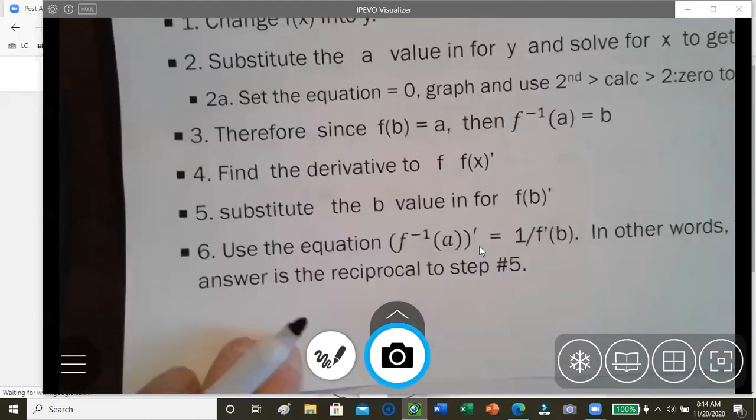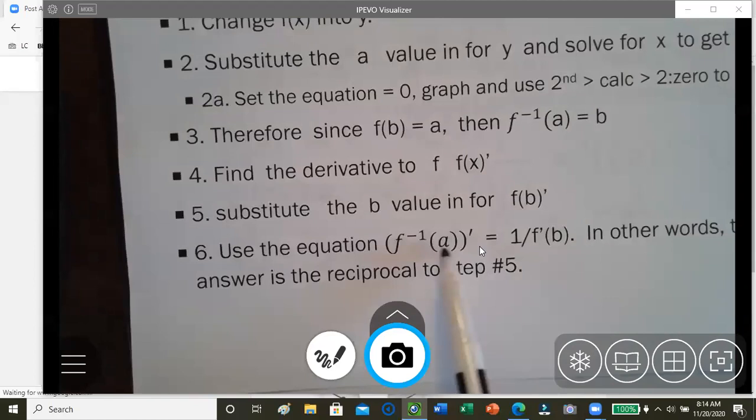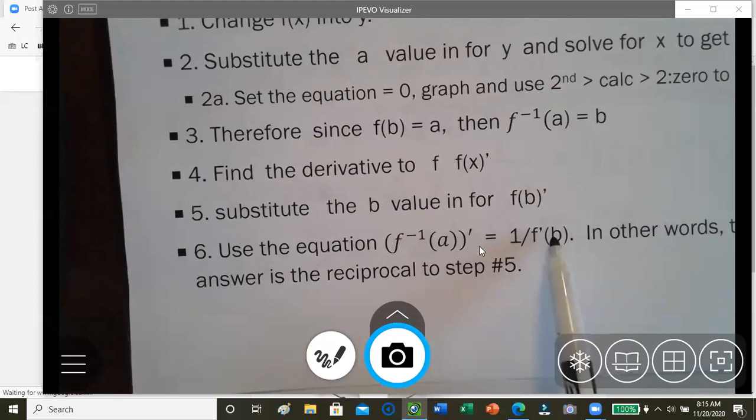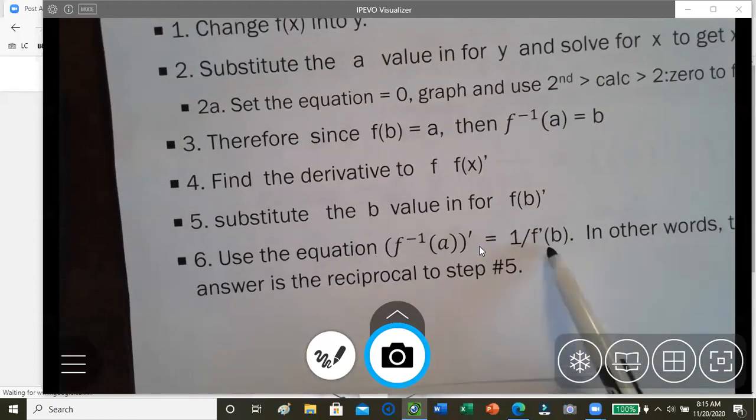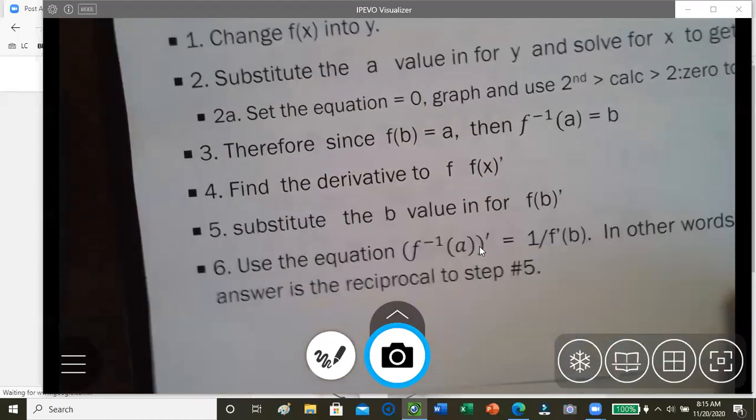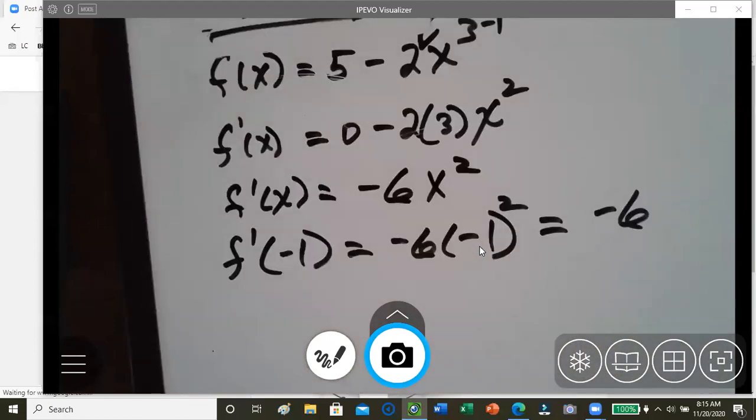Okay, so now we apply f inverse of a. We want to find the derivative, which is the reciprocal of 1 over the derivative for our original function times b. So I'm going to rewrite that.